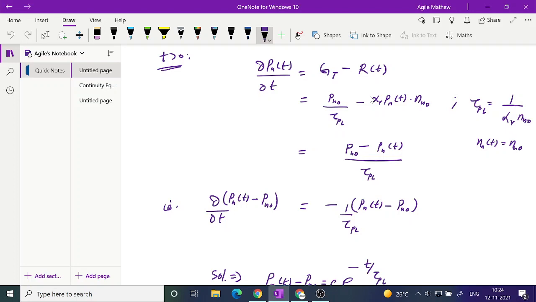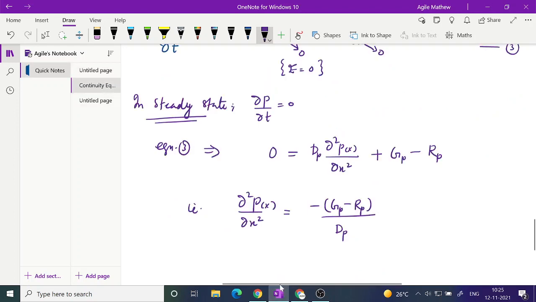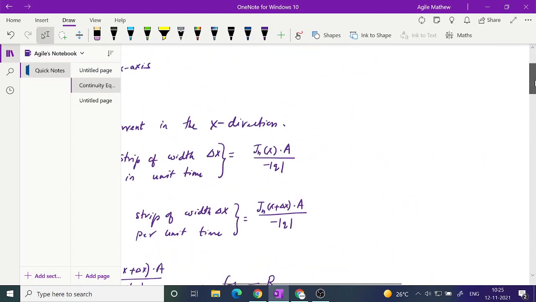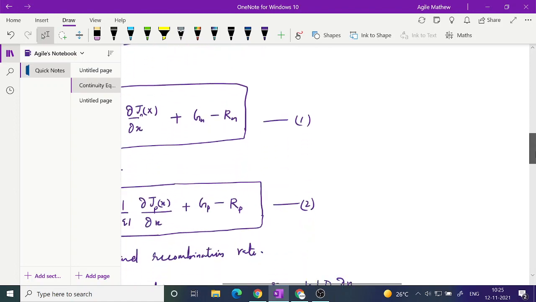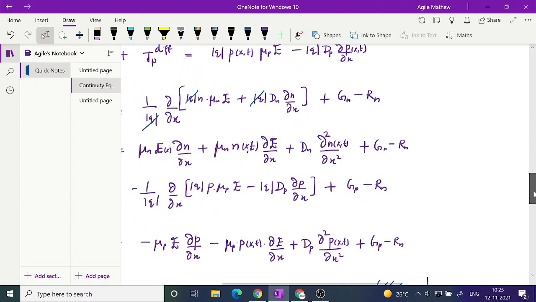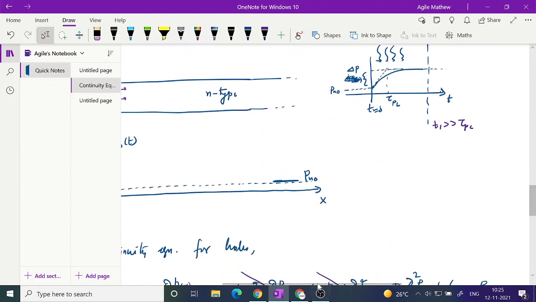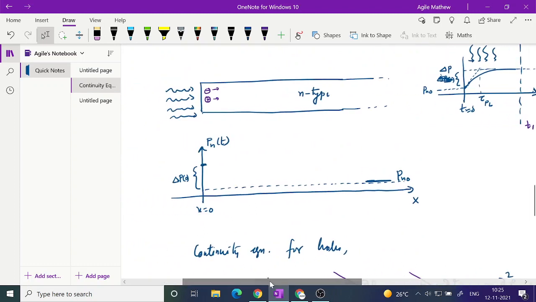Why we can substitute this is because here only thermal generation is there. But in our problem we have light illuminating the semiconductor on one side. Only on one side it is illuminated; for all the other x values we don't have any illumination.